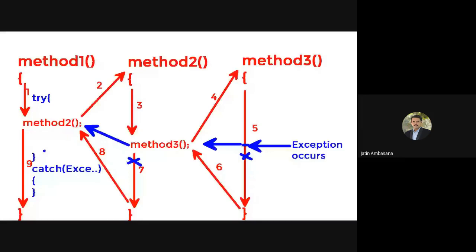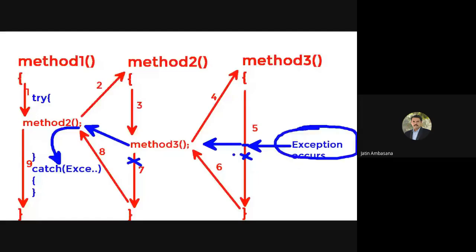Now it has to make sure that the type of the exception that was generated over here matches the class type, otherwise it would not even catch it and the situation remains the same. That is, from here the method 1 execution stops and the rest of method 1 does not get executed. It's as simple as that, you see.